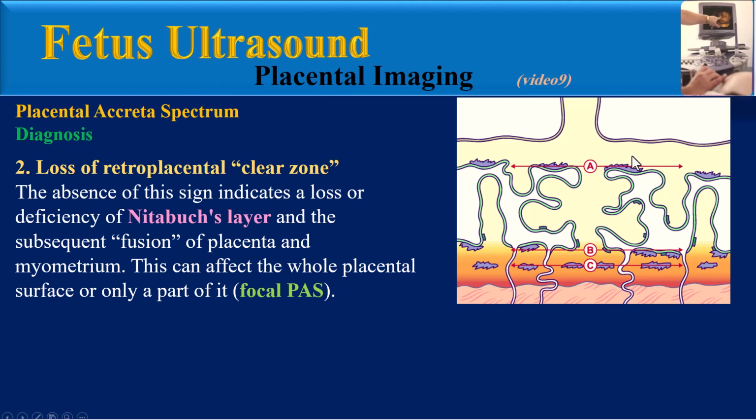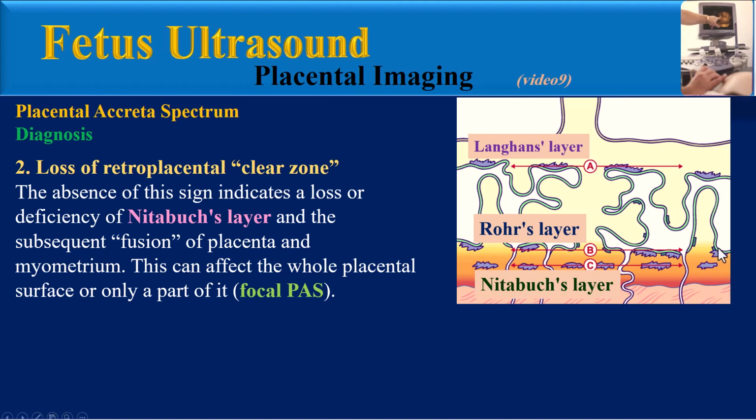In this schematic view, we can see here the fibrinoid deposits which form the subchorionic Langhans layer. Here is Rohr's layer. Rohr's layer is found at the level of the basal plate beneath the stem villi. Lying still deeper in the decidua basalis, they form Nitabuch's layer.